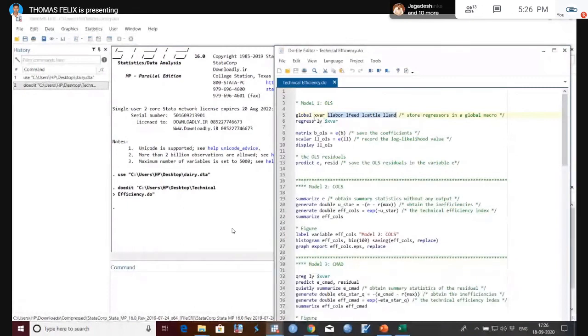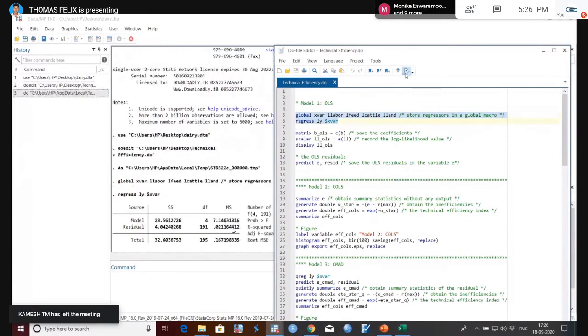I am typing the global x var. The dependent variable is nothing but ln of y, that is the milk yield of each farm. So I am executing the commands.